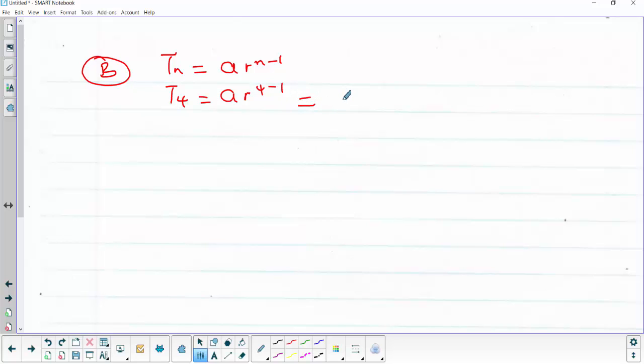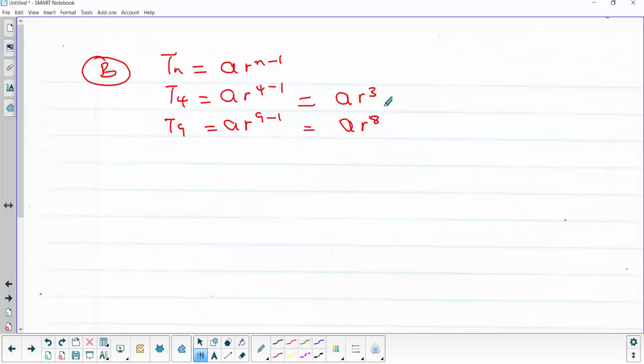When you evaluate this, we get AR raised to power 3. The same thing applies to T9. We are going to have AR raised to power 9 minus 1, which gives us AR raised to power 8.